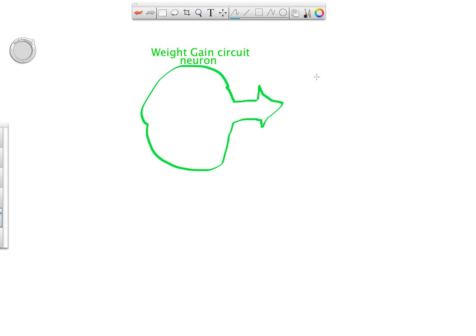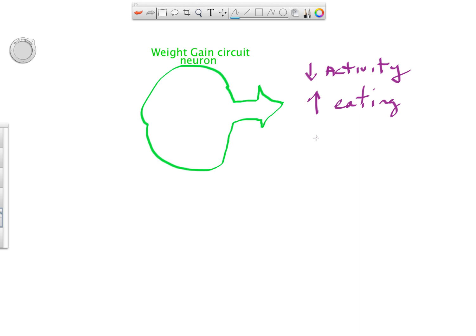Weight gain circuit neurons lead to weight gain when active. So, what would cause weight gain? Decreased activity. Increased eating. What else?